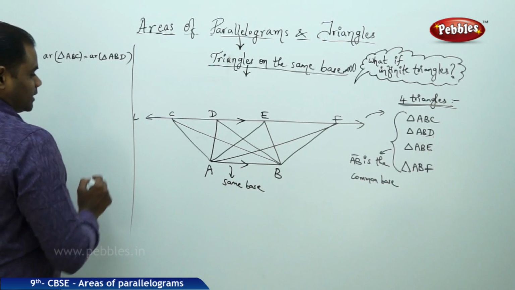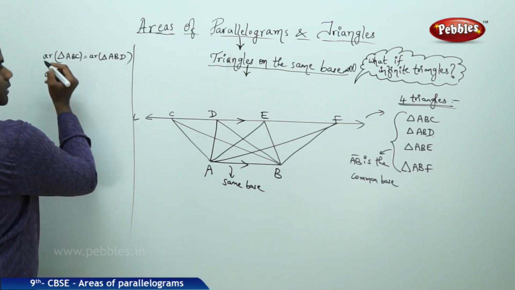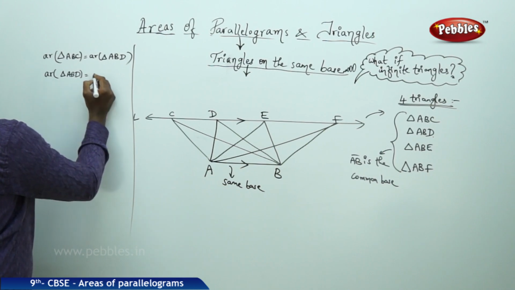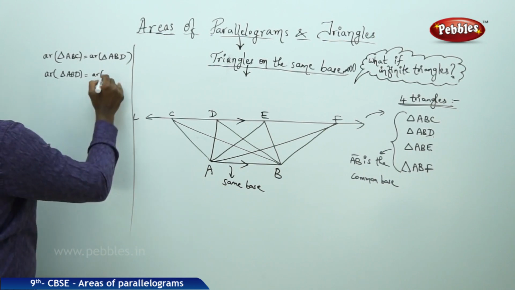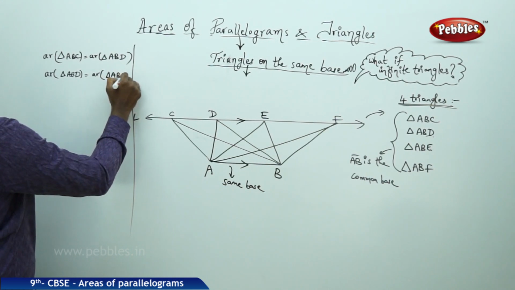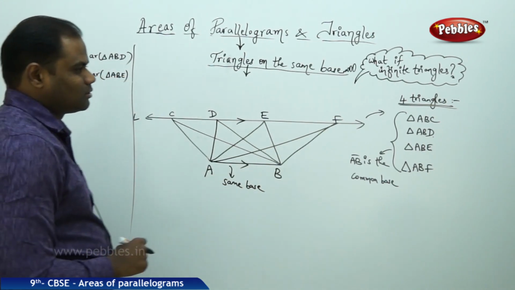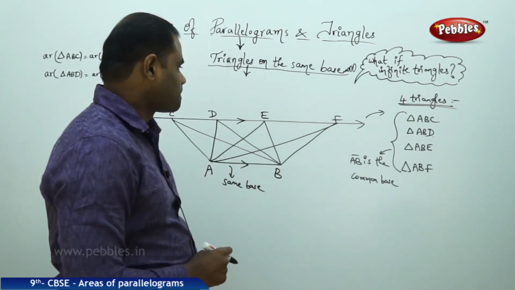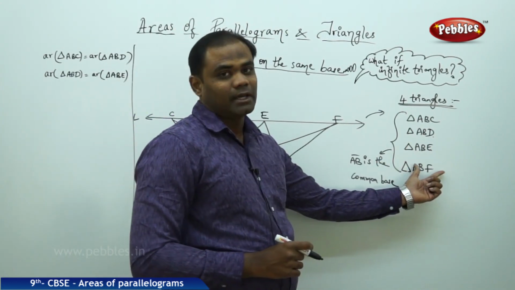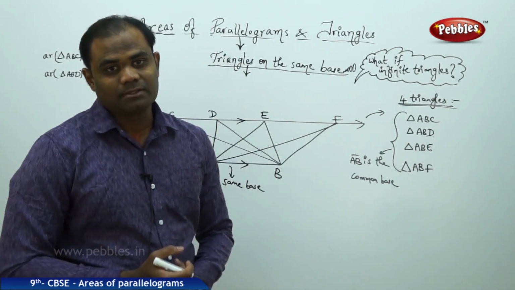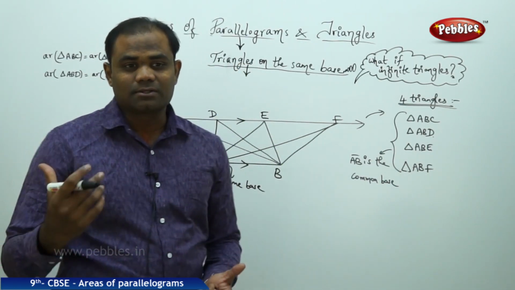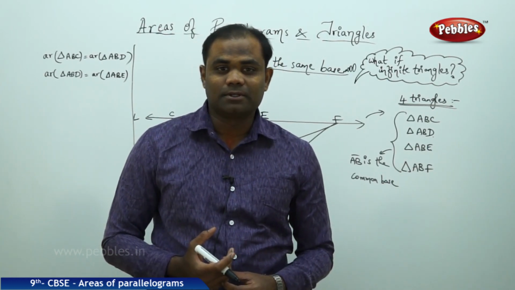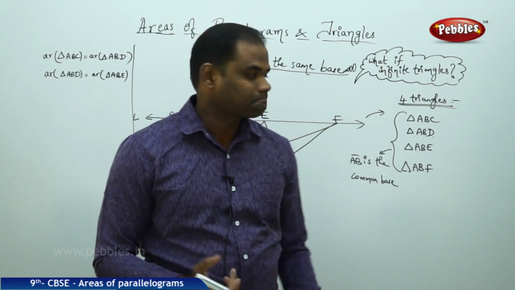So with the second case, area of triangle ABD is equal to area of triangle ABE. Next, since these 2 triangles are on the same base and between the same parallels, ABE and ABF must have equal areas, as per the property discussed in the previous session.